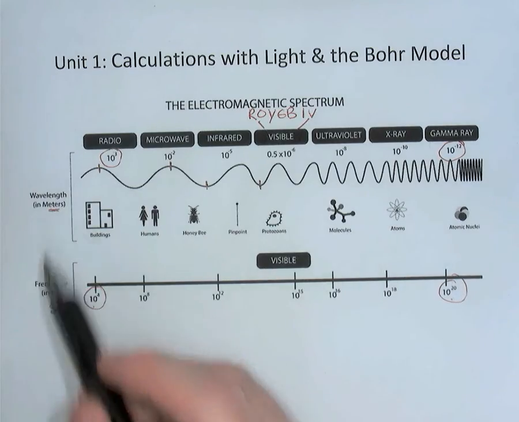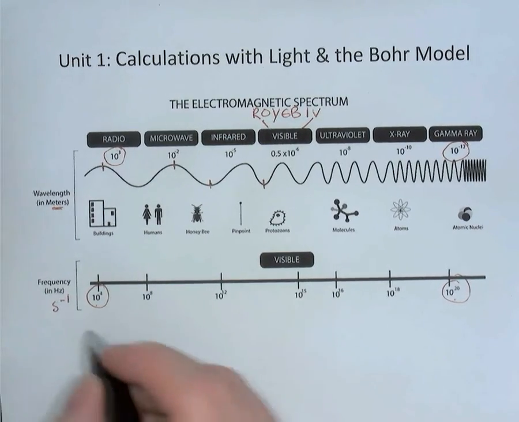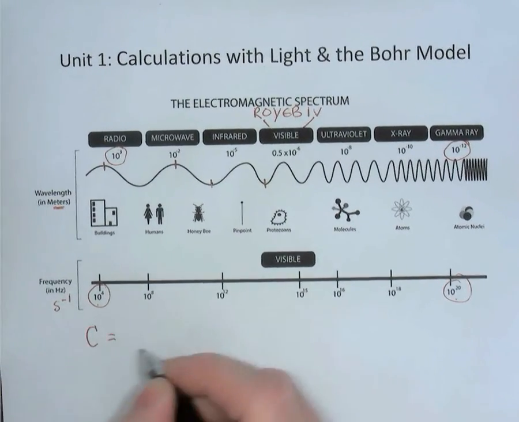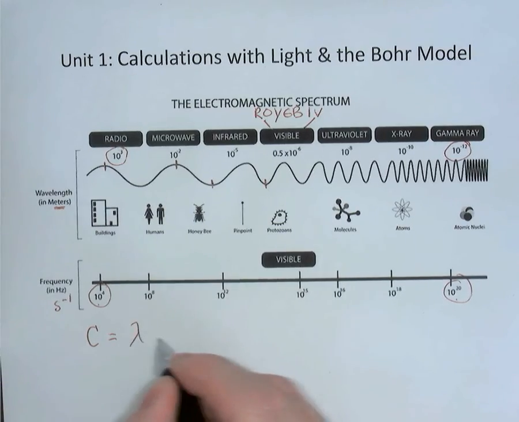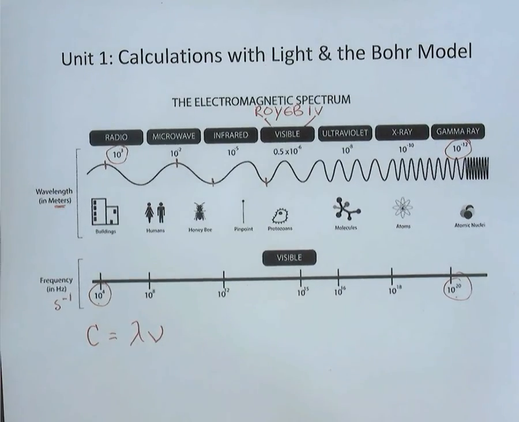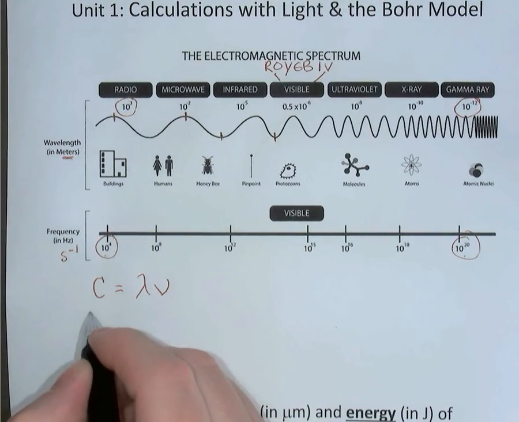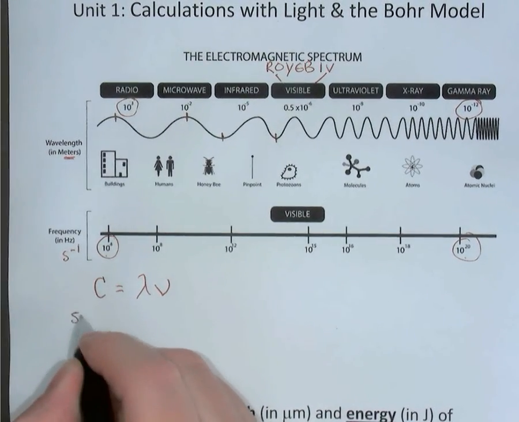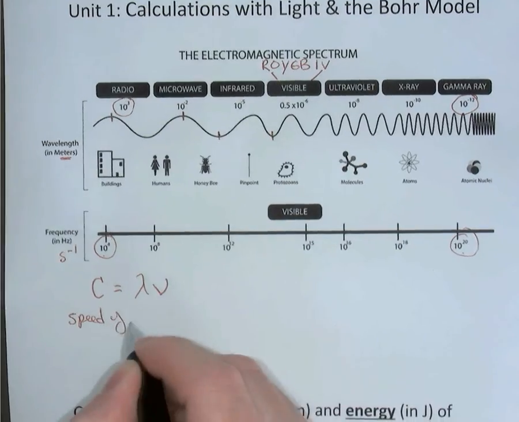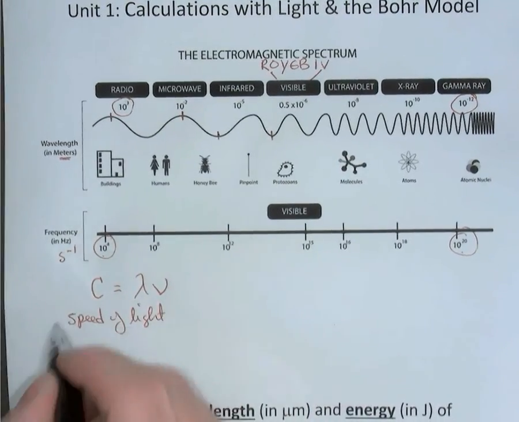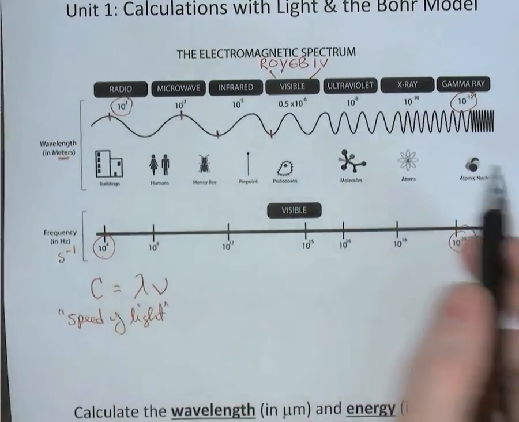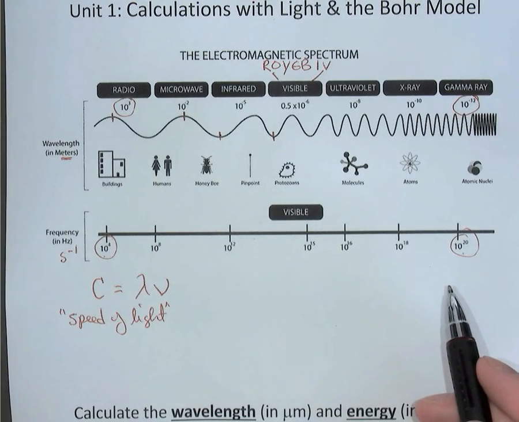So wavelength and frequency must be inversely related, and that fact is revealed by this simple equation: c equals lambda nu. c is the speed of the radiation, speed of light. We're going to call speed of light for any form of this electromagnetic radiation.